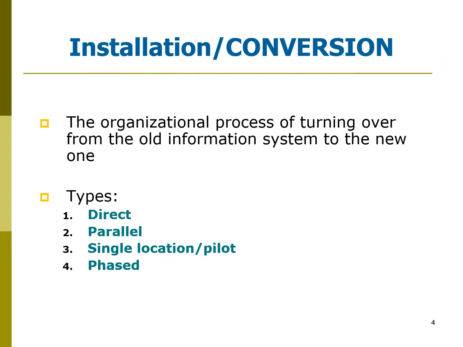You want to turn over whatever the user is currently using on their computer in the organization, and install the new one that you are developing. Basically there are 4 strategies on how to do it: direct, parallel, single location, sometimes called pilot, and the fourth is called phased.